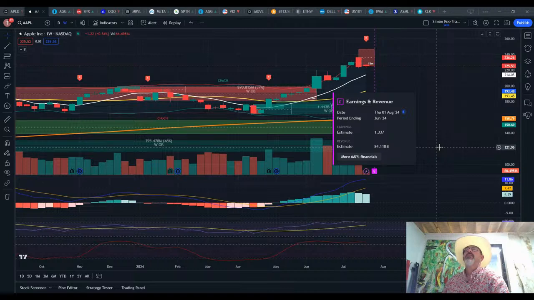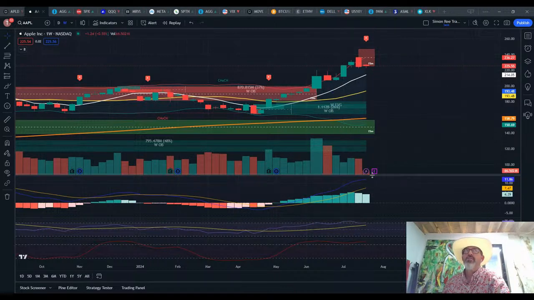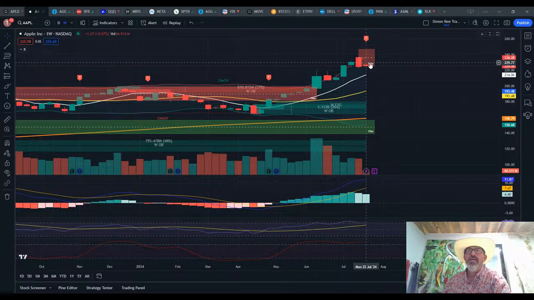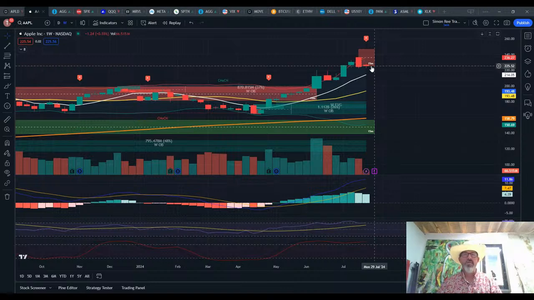That comes out on August 1st. They're going to come out with earnings, so that would be next Wednesday or Thursday. So we could have really no price action with Apple for a while, just waiting for confirmation on what Apple's earnings and guidance will be.